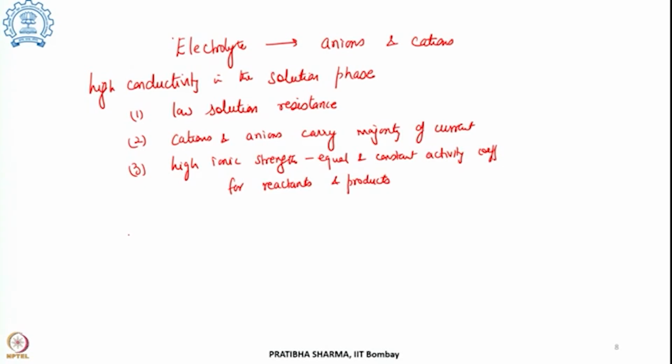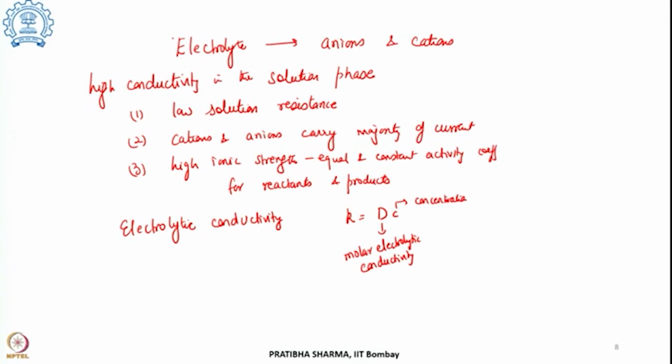So, if we look at the electrolytic conductivity, this is represented by the molar electrolytic conductivity times the electrolyte concentration, and it can also be written as conductance times the cell constant.